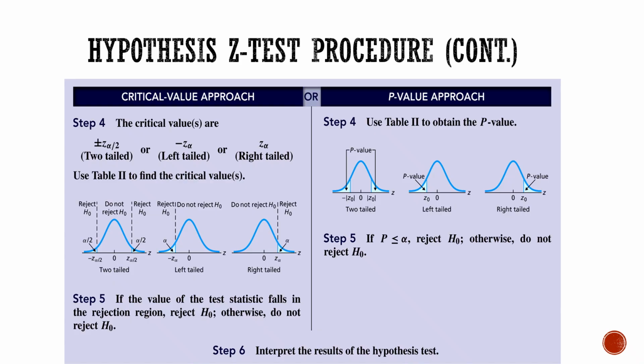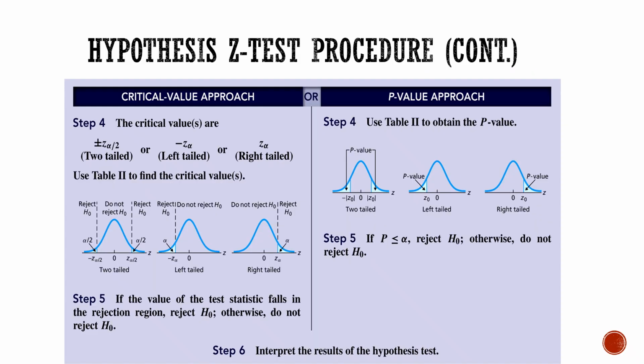So we discussed the first three steps of the hypothesis testing procedure for proportions. The first one was to state the null and alternative hypothesis, then to decide on the significance level, and the third one was to compute the value of the test statistic, which is essentially the evidence that we bring to the table to come to a decision on the null hypothesis, and that is derived from a formula, right?